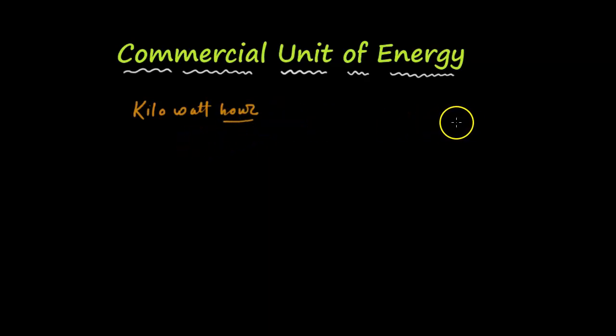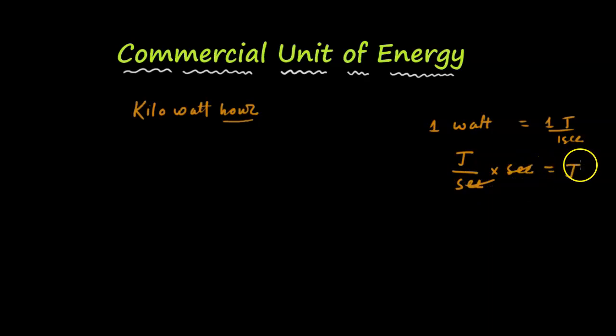So if I write about the watt, I'm just writing the watt. In the last lecture we remember 1 watt is equal to 1 joule upon 1 second. So instead of writing watt, we can write joule upon second. And here is hour, so we can convert the hour into seconds. Again we can write second. Now the second we can cut down, and ultimately joule is coming.